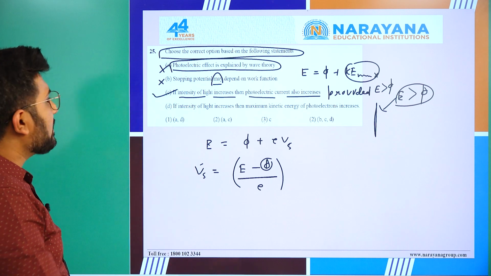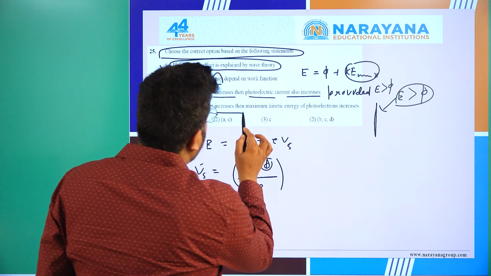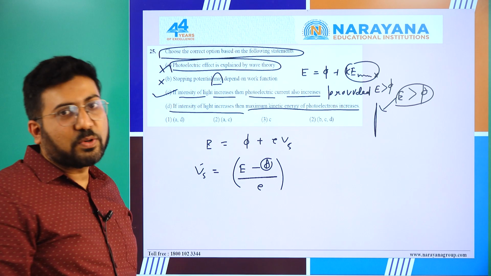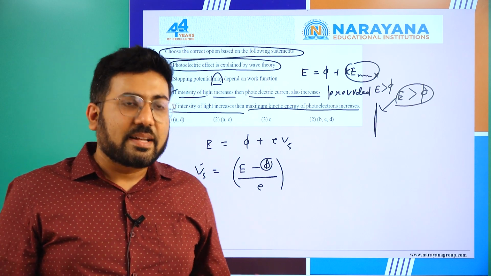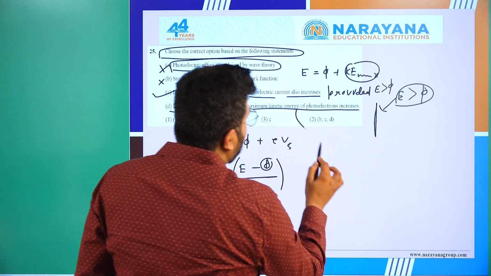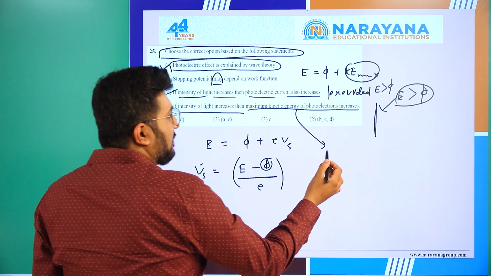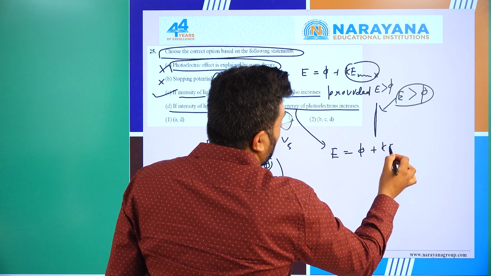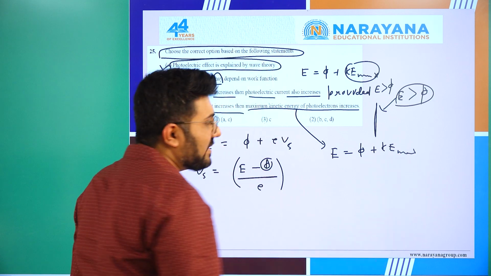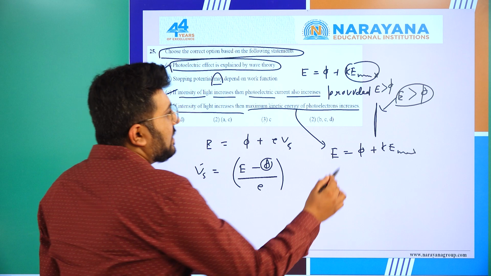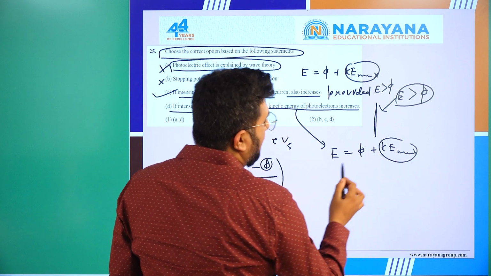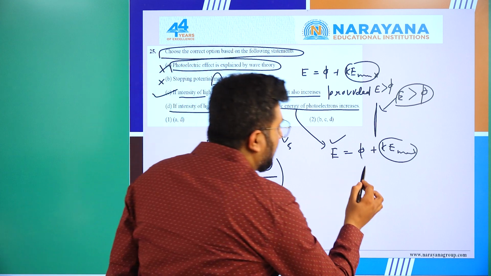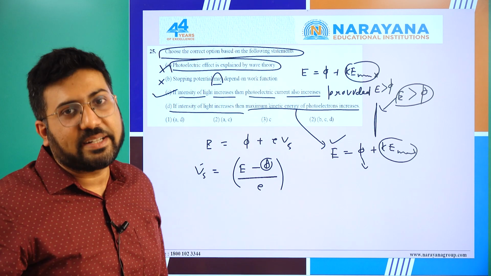Then the next option is, if intensity of light increases, then the maximum kinetic energy of the photoelectron also increases. This statement is definitely incorrect, because Einstein's photoelectric equation is E equals phi plus Ke max. Ke max depends on the energy of the incident photon and the work function, and has nothing to do with intensity.